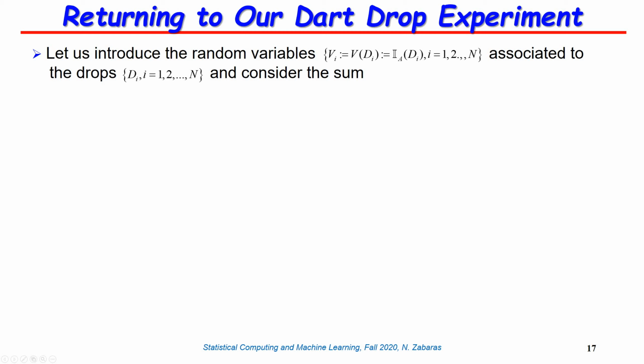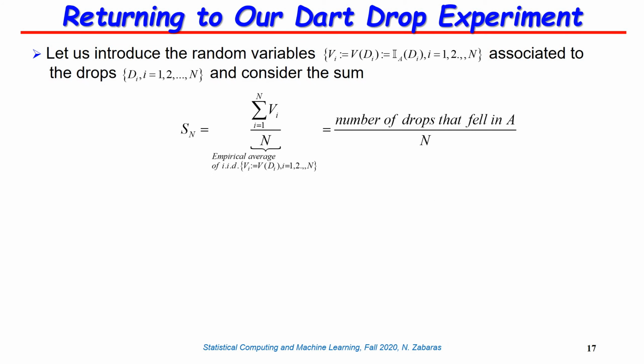So these are x, y locations where I'm throwing the dart, and then from the law of large numbers, we know that if we take the sample mean of these v's, the sample mean of my indicator function realizations in my n experiments, then this empirical average will asymptotically be an approximation of the true mean of my distribution, and the true mean is basically that I will hit the circle.